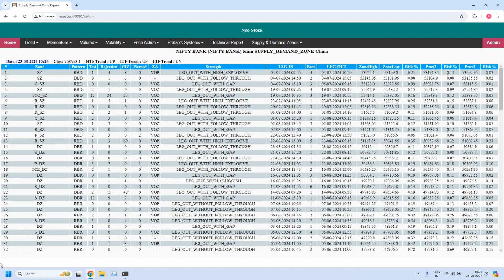So this is about BANKNIFTY supply demand zone chain. With this we have completed both NIFTY and BANKNIFTY supply demand zone chain.